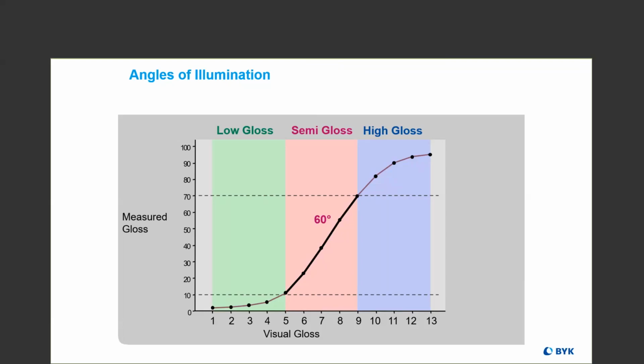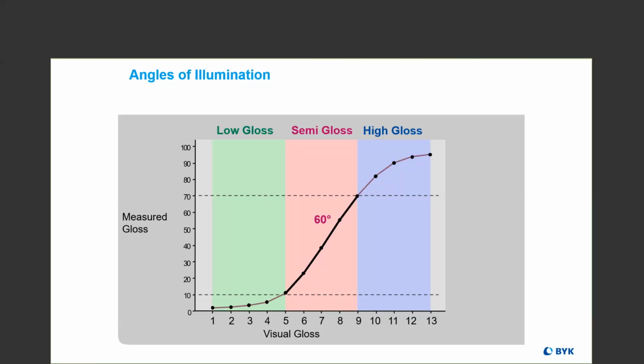When you put them all together in this graph, you can see from the shape of the curve that in the low gloss range, the curve is very flat and not changing very much. It's not really until it gets to the semi-gloss range that it gets nice and steep. It has a nice steep slope to it. It's fairly linear in that range. And then once we get into the high gloss range, it flattens out again. This shows us that the 60-degree geometry is really ideal for the semi-gloss range and not so much the low gloss and the high gloss range.